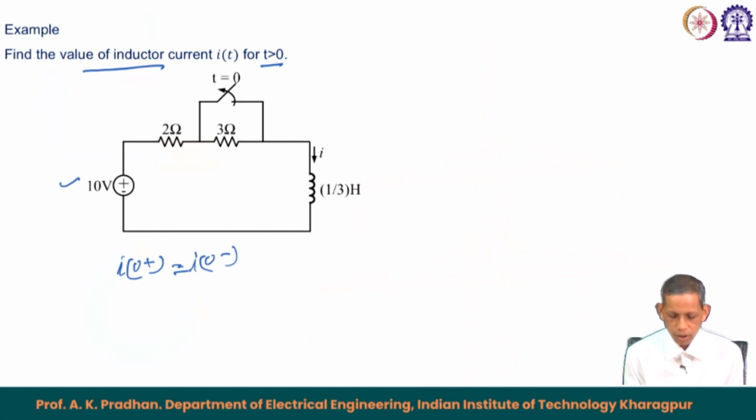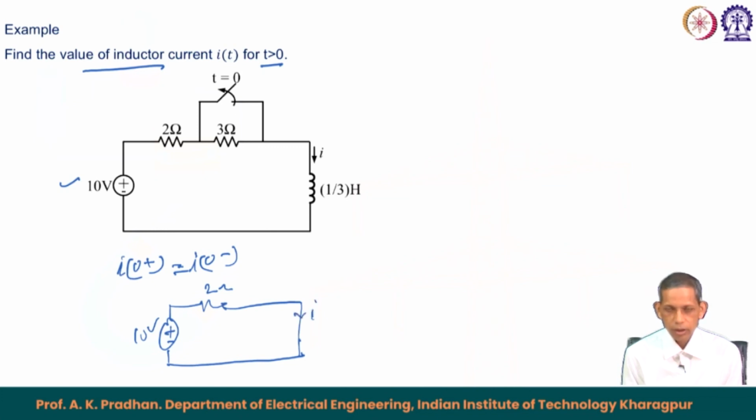For this case the switch was closed. So, that means the 10 volt source is in series with 2 ohm and then the inductor. So, the inductor in steady state will be a short circuit. So, the corresponding current through the inductor I will happen to be 10 by 2, that becomes equal to 5 ampere.